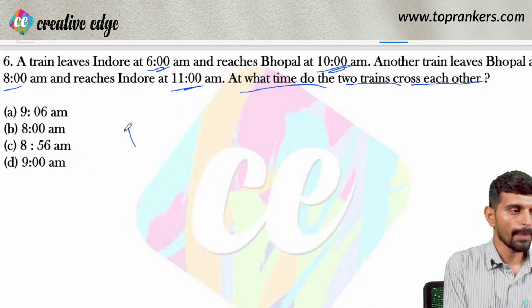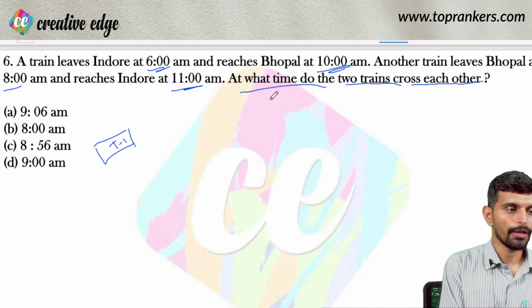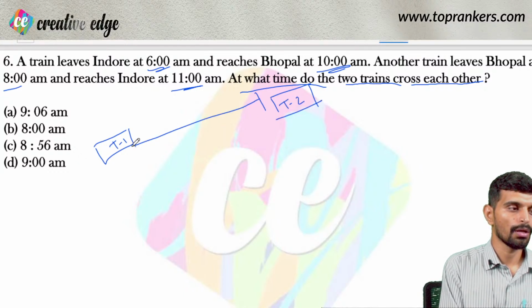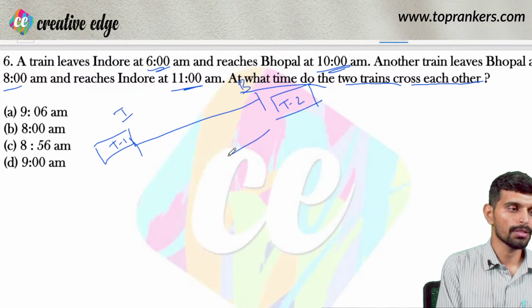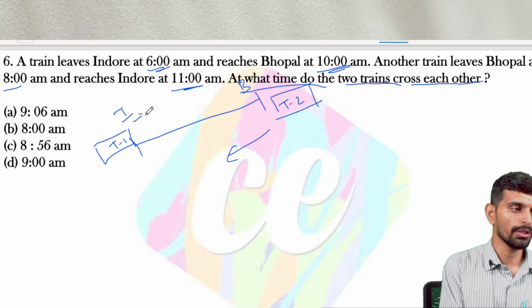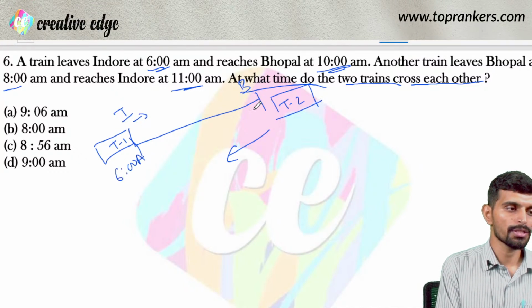See here, we have train 1 and we have train 2 running in opposite directions. This is going from Indore to Bhopal. This is going from Bhopal to Indore. It leaves Indore at 6 am and it reaches Bhopal at 10 am.